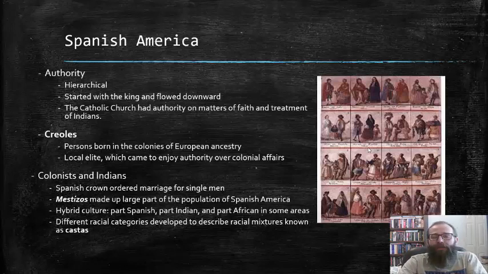And to a large extent, these castas helped to develop even greater hierarchies and different levels and grades of social and political and economic influence in the Spanish Americas.